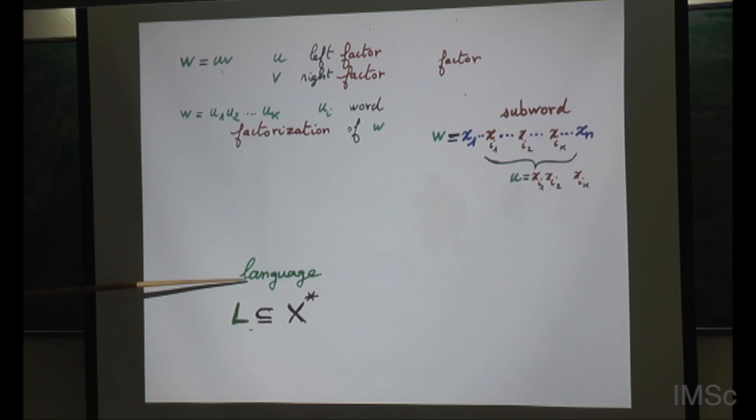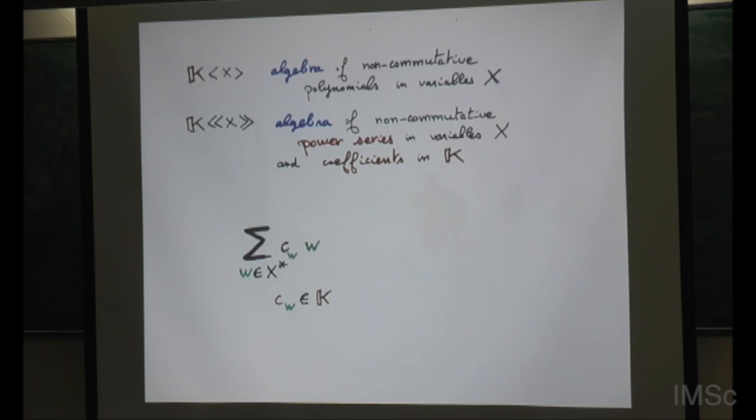And in computer science, any subset of a free monoid is called a language. So there is a language theory. You can take the sum, the union, the product of languages. And then sometimes I will use the algebra of formal power series in non-commutative variables. There is the algebra of polynomials in non-commutative variables and the algebra of formal power series in non-commutative variables.